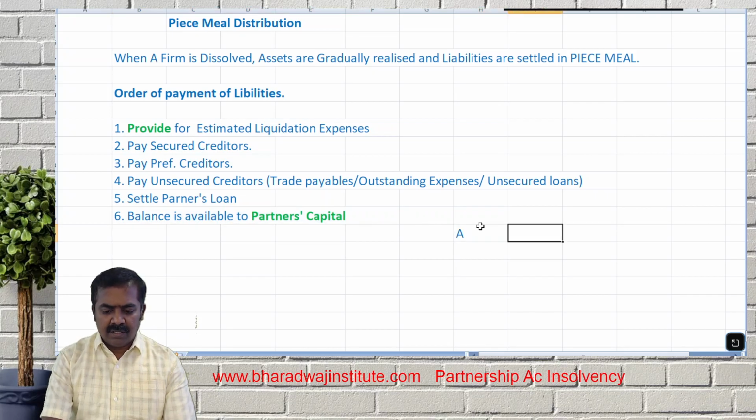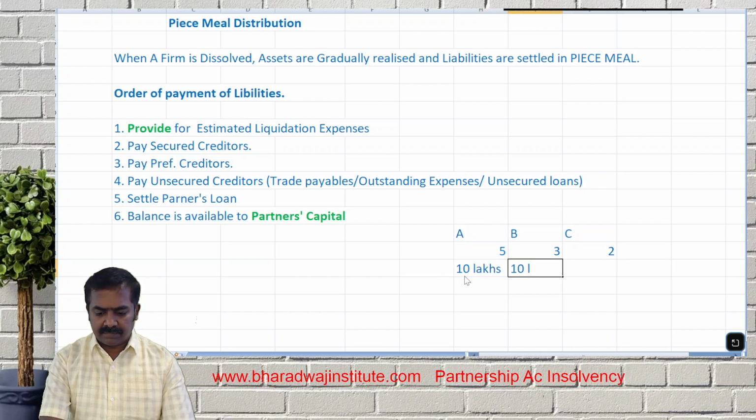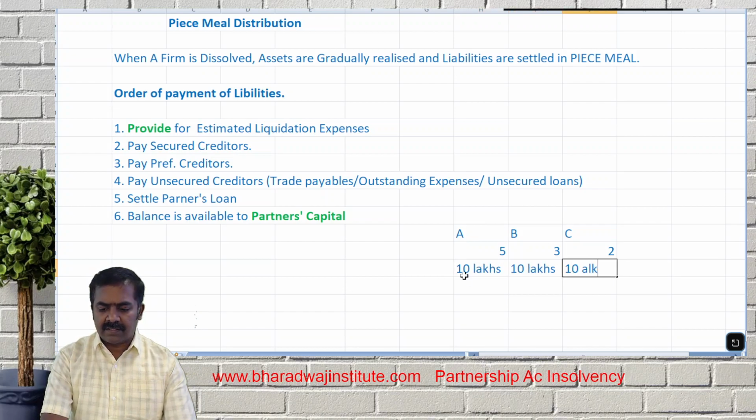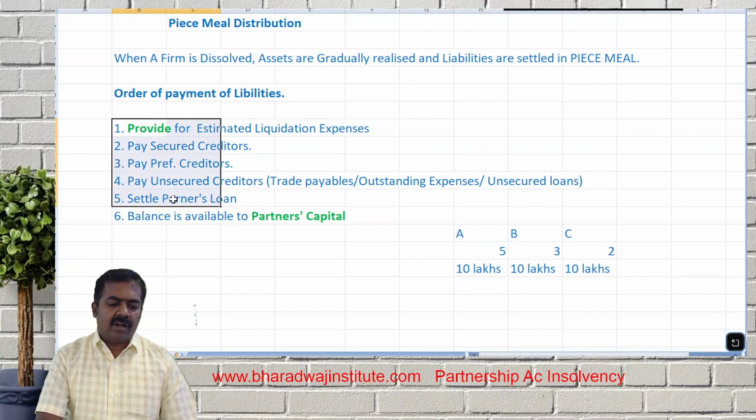Let us assume there are three partners sharing profits and losses in the ratio of 5:3:2. The capital balance is 10 lakhs each. Now we paid all these people after the sixth realization.